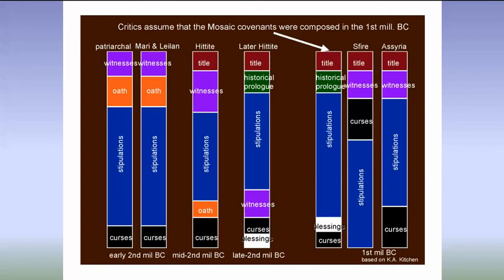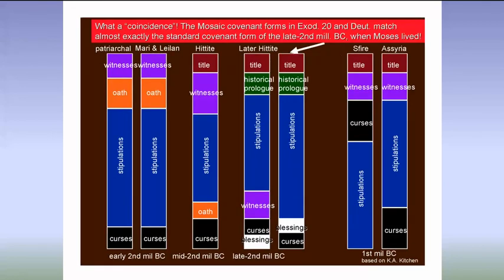Critical scholars, those who hold to a JEDP theory, would want to see a real strong comparison of this covenant form used by the JEDP authors, who would be operating later in history, during that first millennial period. However, instead, what we see is a comparison of the covenant forms that come out of the Pentateuch that line up with the late second millennial BC, during the time when Moses would have lived and been active as an author.